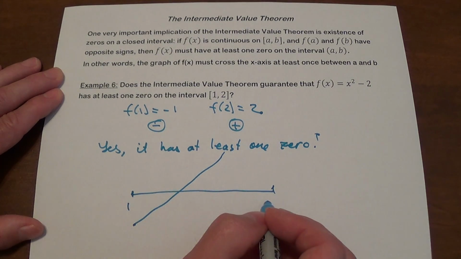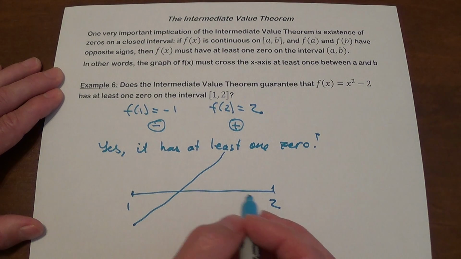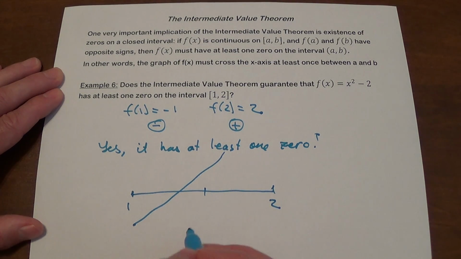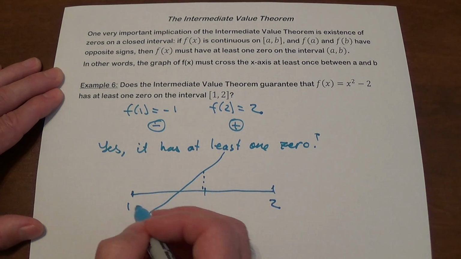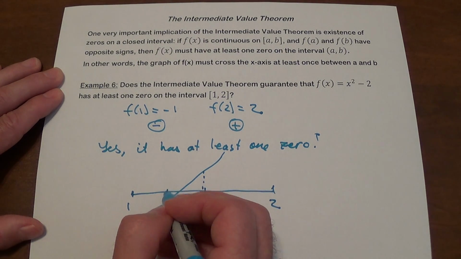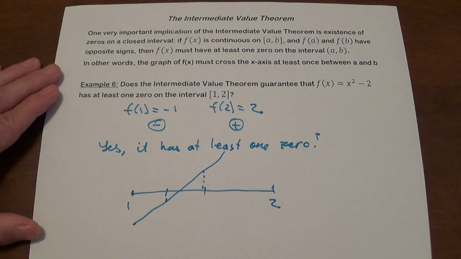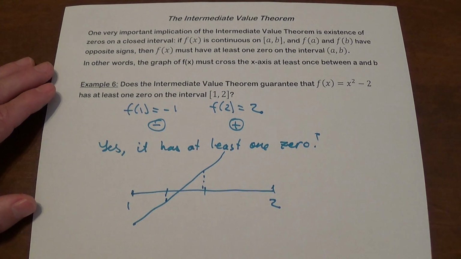This is 1, this is 2, right? So then the process was, you divide the interval in half, and you say, okay, what happens now? On this end it's negative, on this end it's positive. Then you're going to take this interval and divide that by 2. So now it's negative here, positive here. And this process could be continued until you're satisfied with the value that you're getting, until it's close enough.